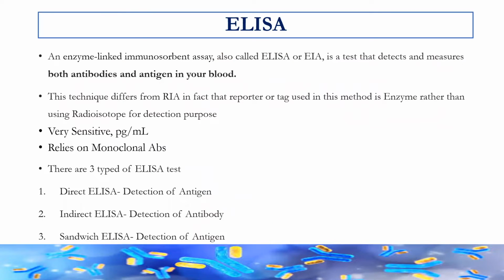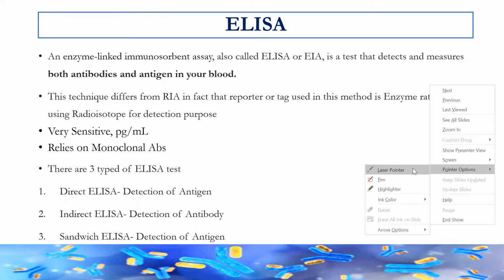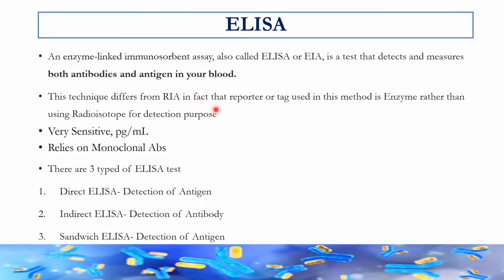Now, basically, ELISA test is different from the radioimmunoassay in one major fact, that is it uses a reporter or a tag. In radioimmunoassay the tag or label used was a radioisotope, whereas in ELISA the reporter or tag used is an enzyme. This is the basic difference.